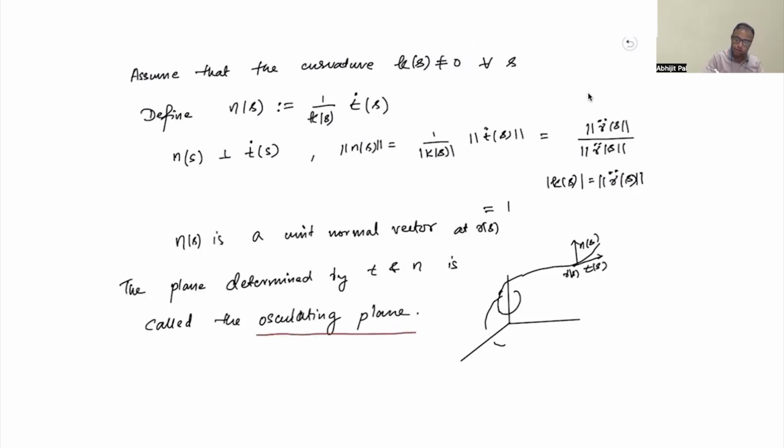Yeah, so this is called the osculating plane. Okay, so now let me define what we mean by binormal vector. Let B be equal to the vector product of the tangent vector with the normal vector.